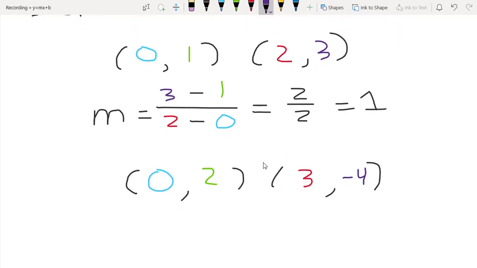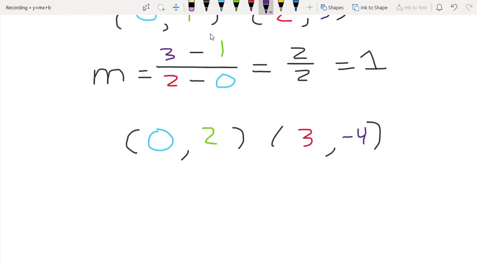Okay, so then pause the video and try to figure out what the slope is.